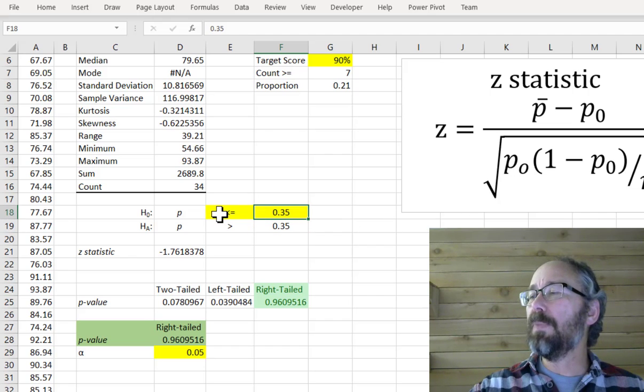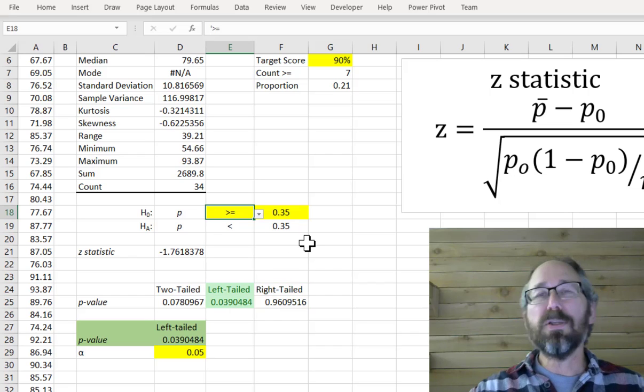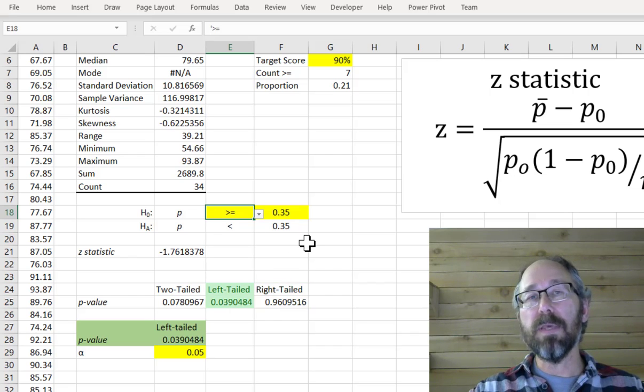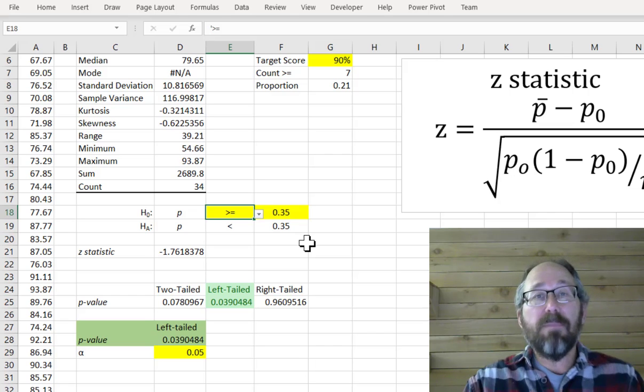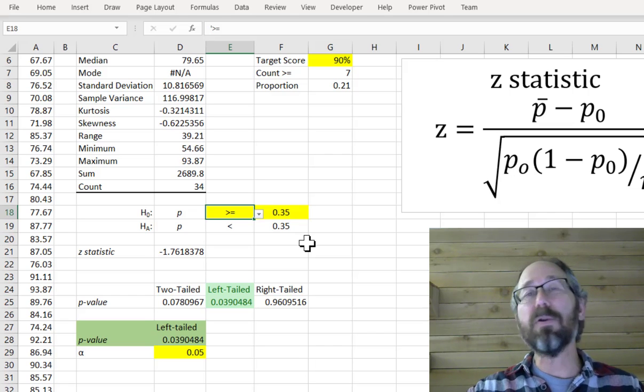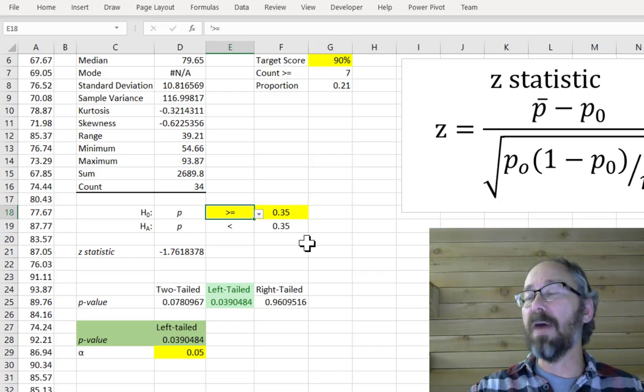And this is going to be a left-tailed test, because the null hypothesis would be that the population proportion identified by this sample is greater than or equal to 35% have an A. So our alternative hypothesis is that the proportion for that population based on this sample is less than 35%.